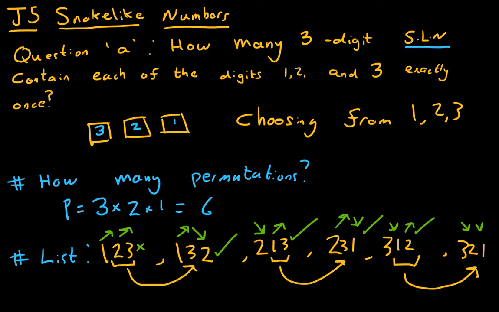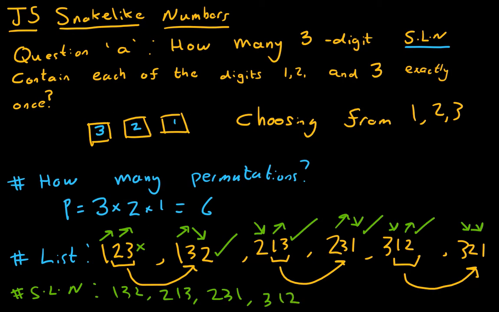and that goes down. So the snake-like numbers are 1, 3, 2; 2, 1, 3; 2, 3, 1; and 3, 1, 2, and that's it.